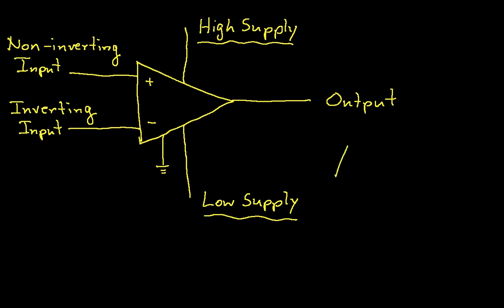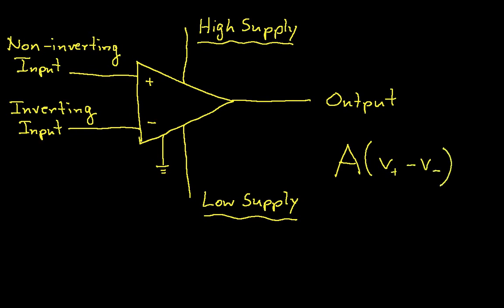We typically write the op-amp gain as a capital A, and that becomes the output of the op-amp. So again, the output of the op-amp is the gain times the non-inverting voltage minus the inverting voltage.